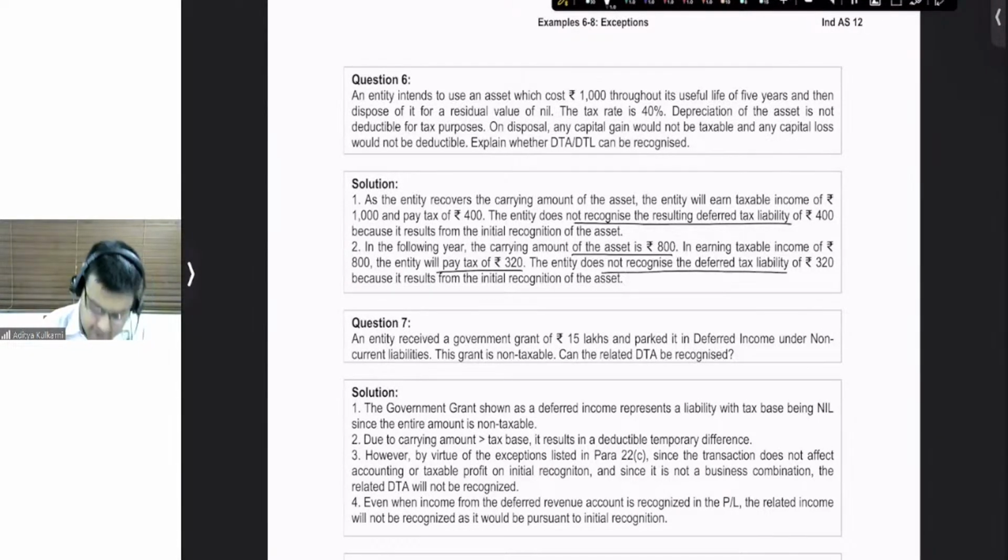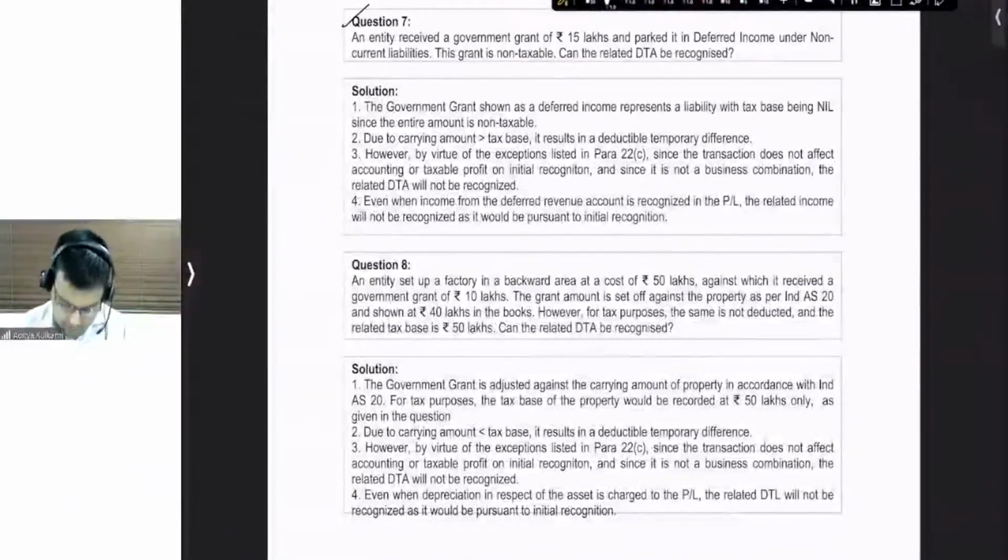Does not recognize the deferred tax liability. Same question it is. Only thing is we have taken the case with certain numbers. Same case, question number 7, extra question. We are not going to recognize the related deferred tax asset. Is it fine? Is it okay?